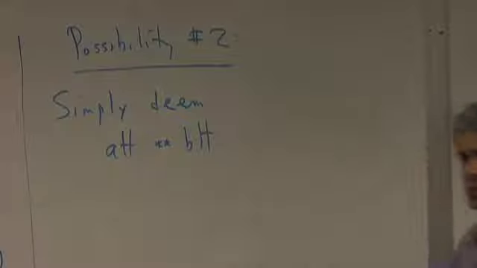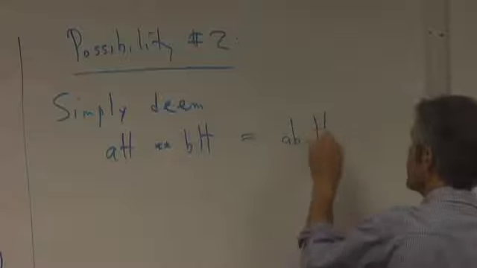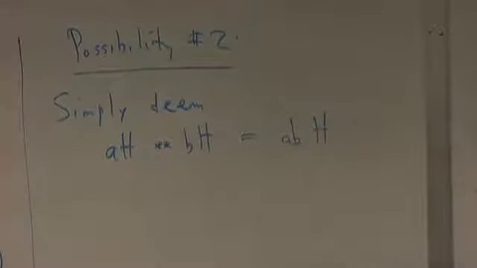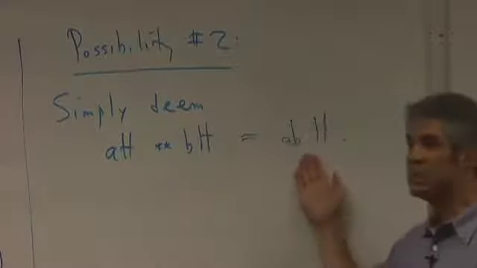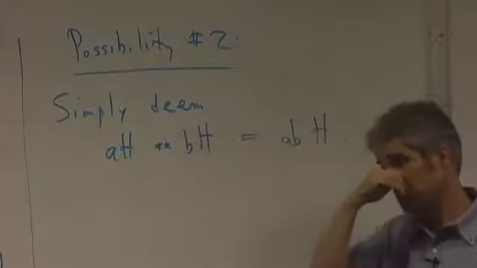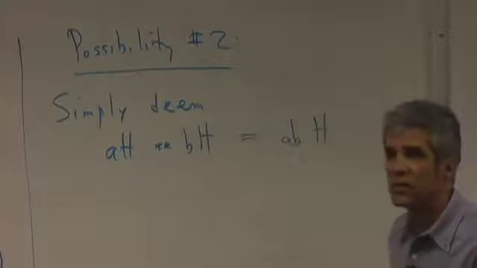I'm coming up with a presumed new binary operation. We've simply eliminated the problem that came up in possibility one. We said, take this left coset and combine it with this left coset and simply deem the output to be this left coset. Good plan. At least what gets kicked out is another left coset.